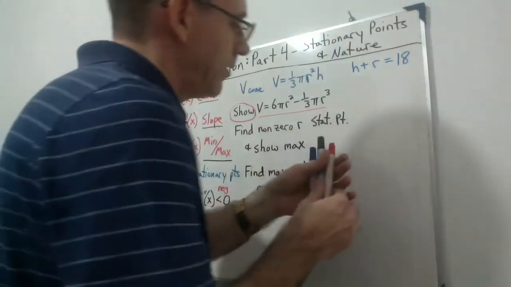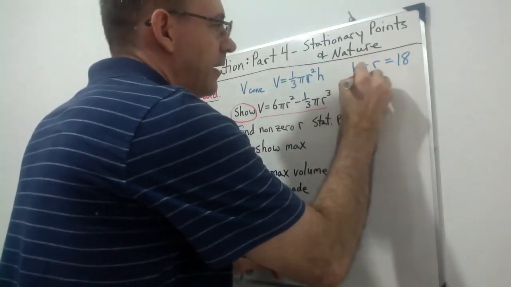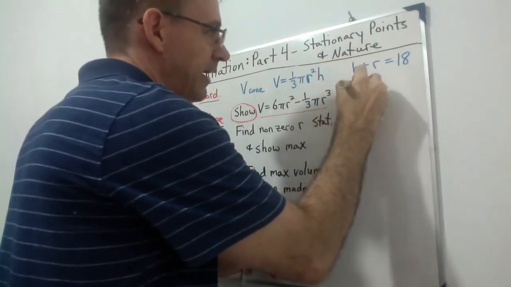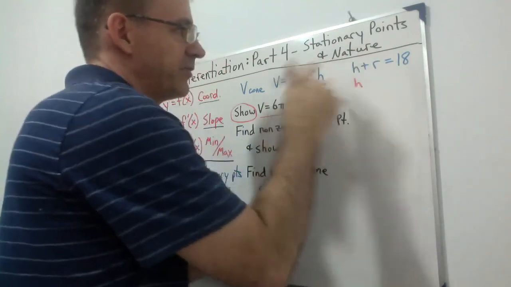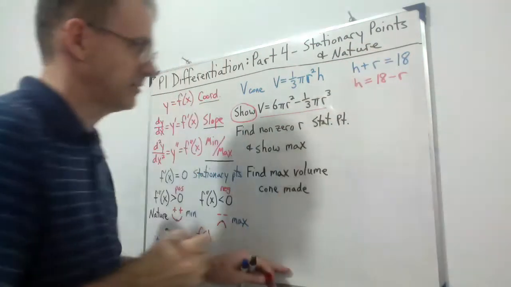So what we want to do here is get h by itself. We want to put height in terms of r, so h equals 18 minus r.